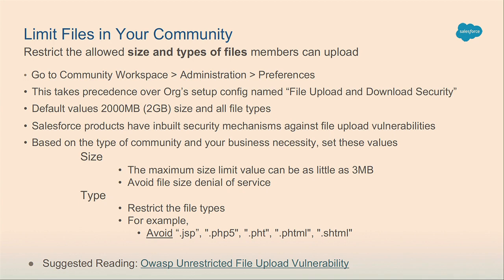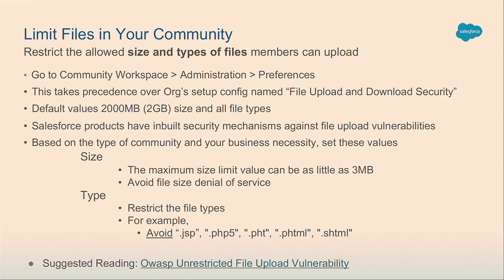This particular configuration takes precedence over what your org values are. So whatever values are specified under these preferences will take preference for that particular community. So you can have different values for org, but you can have more restricted values for your communities if that's what you want.